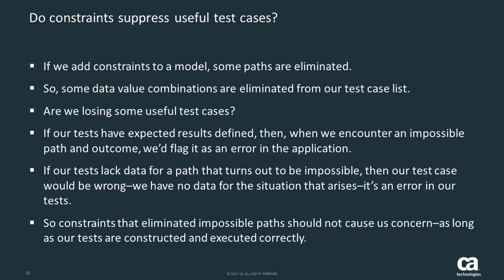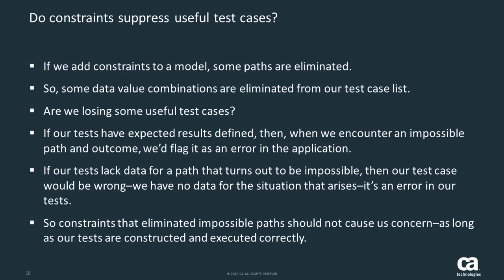The question is, are we losing some useful test cases? Well, if our tests have expected results defined and the tester, when running a test, encounters an impossible situation because the expected result isn't matched by the actual outcome of a test, they'd flag it as an error in the application. There's something going wrong here. So I don't think we have a problem there.